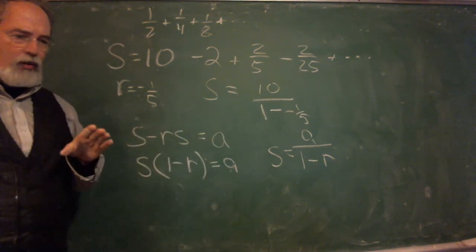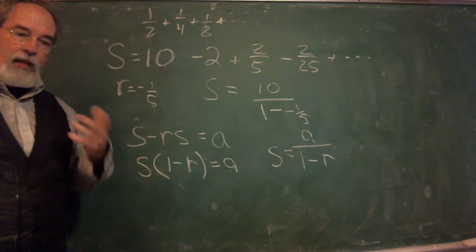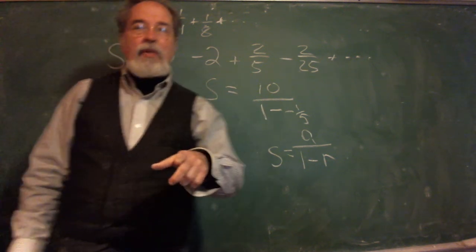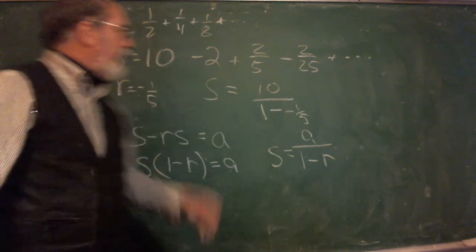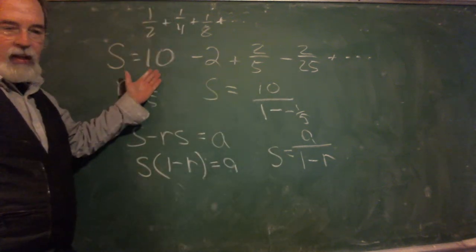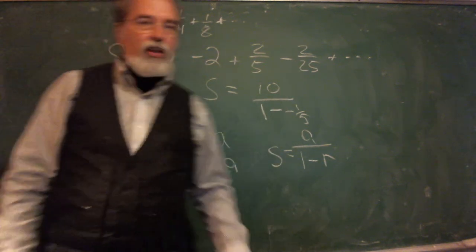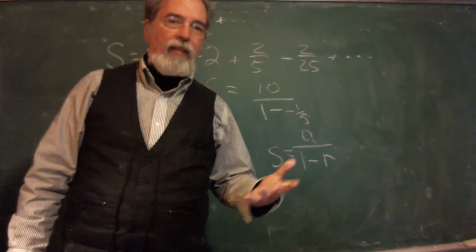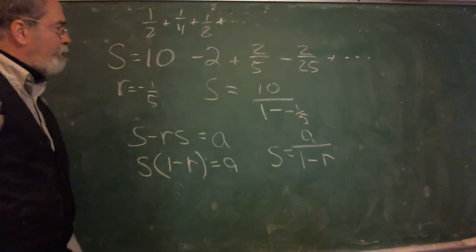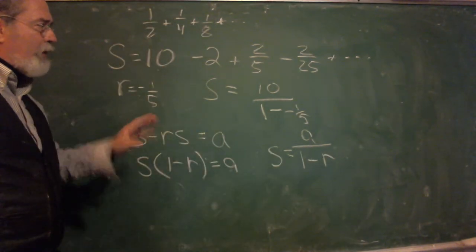My denominator's big, which makes my sum small, which makes sense because it starts with subtraction. I have 10 minus something. So I'll never get back up to 10, will I? In fact, it's 10 minus 2. I'm never going to get back up to 8. Well, I'll get a little bit above 8 and then subtract some more off. So it's going to stick maybe around 8.